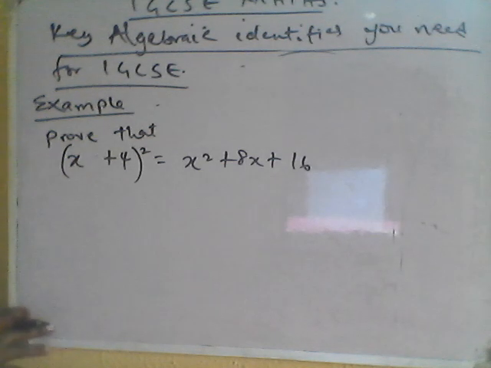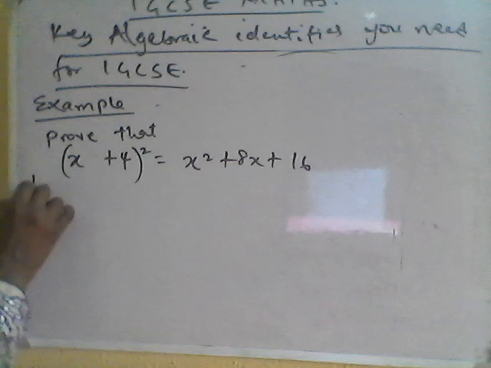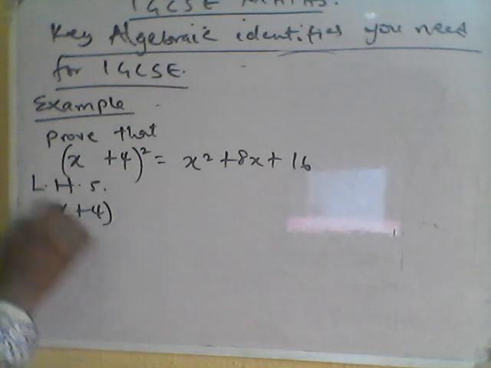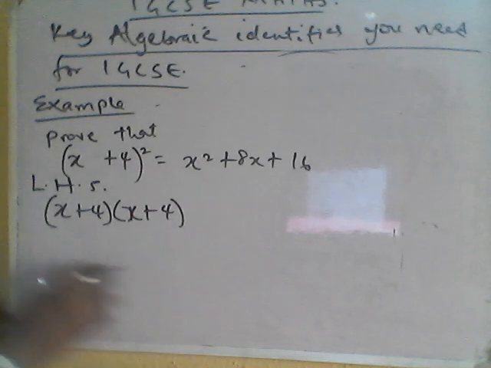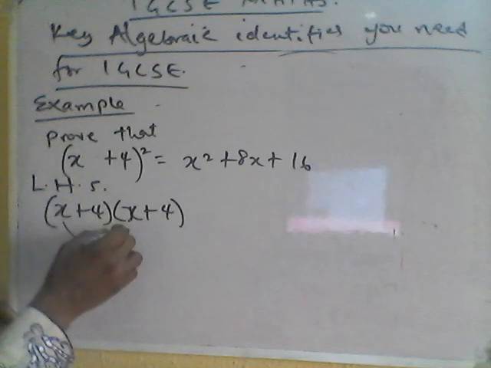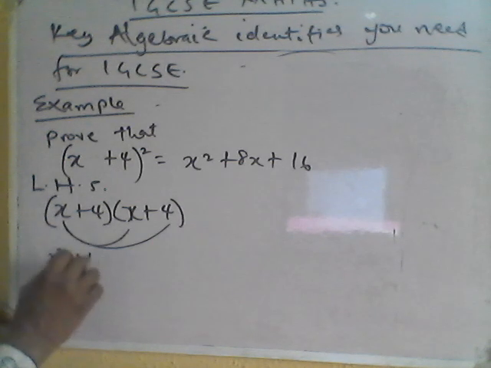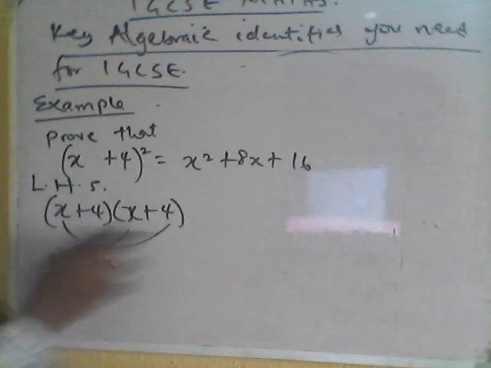Okay, so the first thing to do now is to open the brackets and work on the left-hand side. I say (x + 4)(x + 4). So this is what I'm asked to expand. x times x is x squared. x times 4 is plus 4x. Then I'm done with this one, multiplying each of the two.